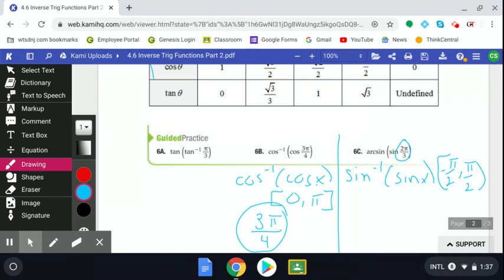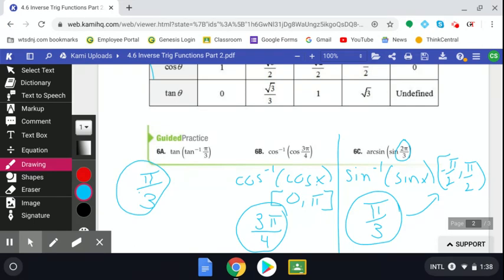The reference angle would be pi over 3, and pi over 3 is in the first quadrant. So we should be good. Sine is positive in the first and second quadrants, so then it would have to be pi over 3, because it has to be in that domain and it needs to have the same sign, positive or negative. So this one here is just pi over 3.